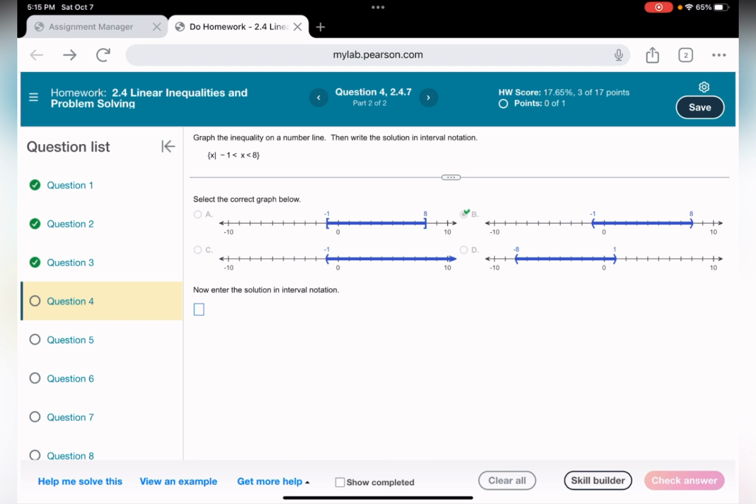So we are going to write it down in this form.